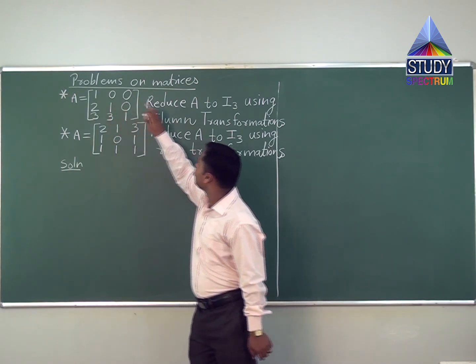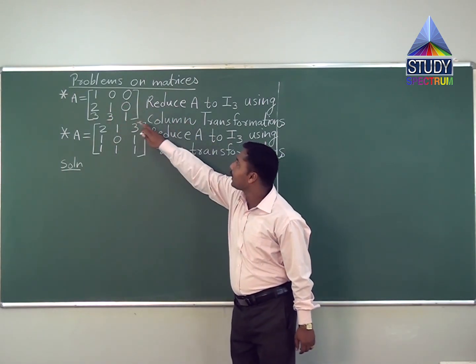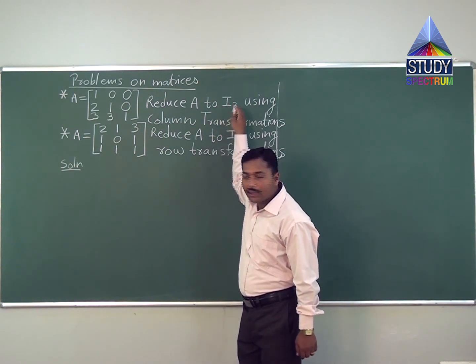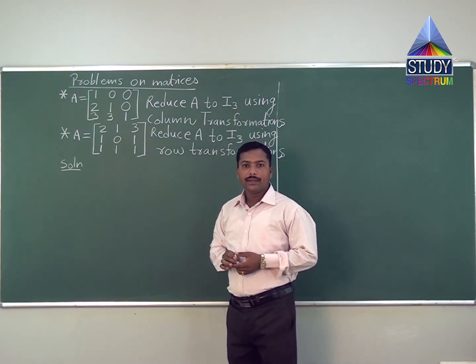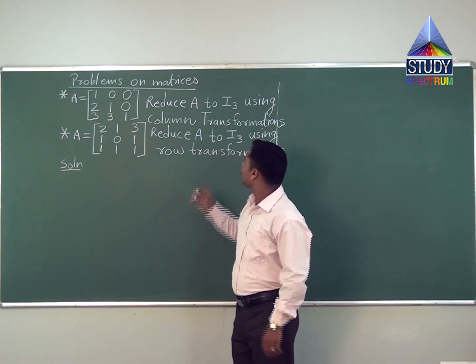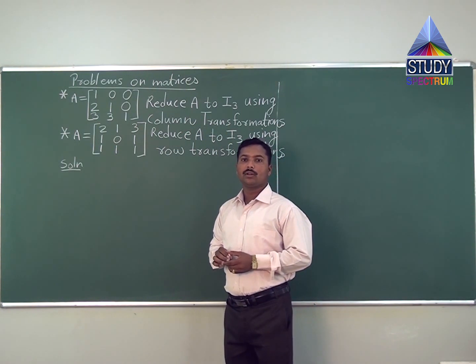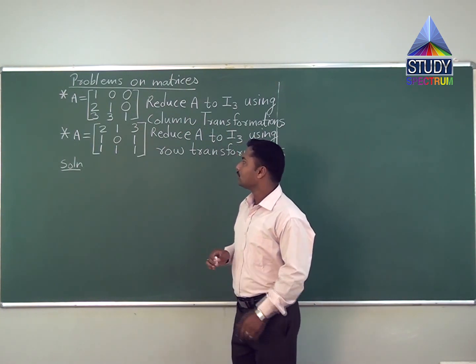So A is given. Reduce this matrix A to I3. I3 means identity matrix of order 3, using column transformation.